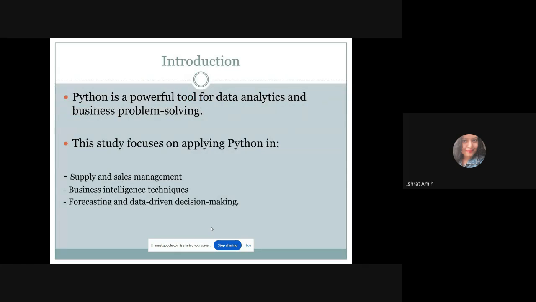Python is a powerful tool for data analytics and business problem solving. This case study focuses on applying Python in supply and sales management, business intelligence techniques, forecasting and data-driven decision making, which I will be doing mostly using machine learning.